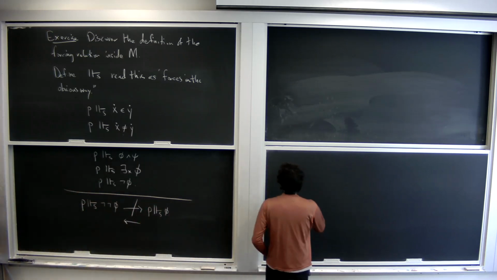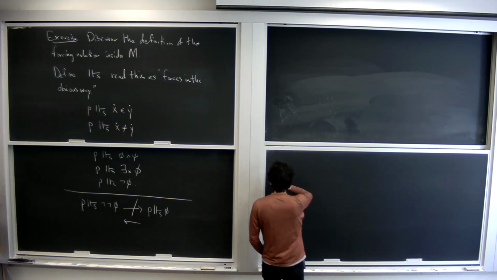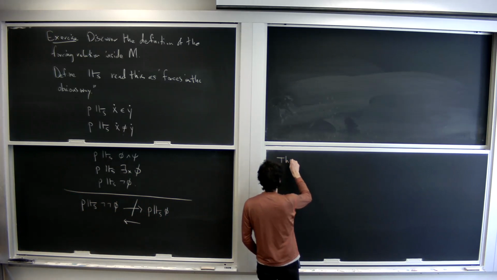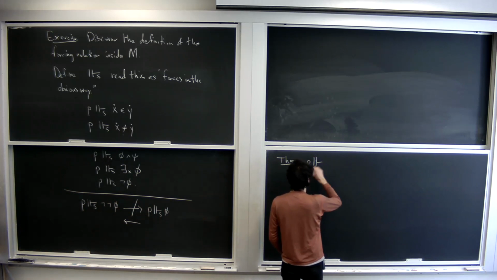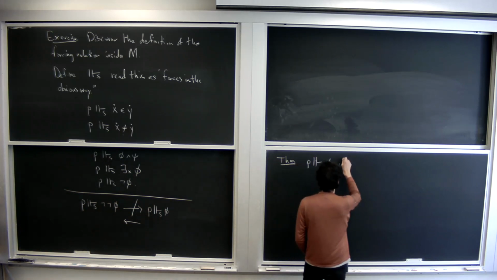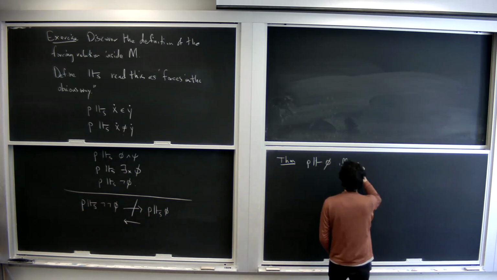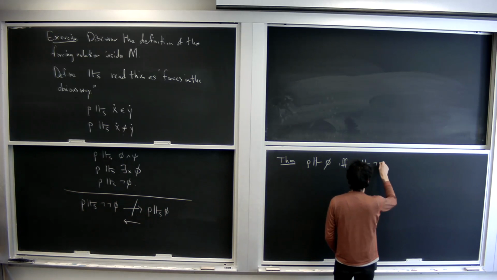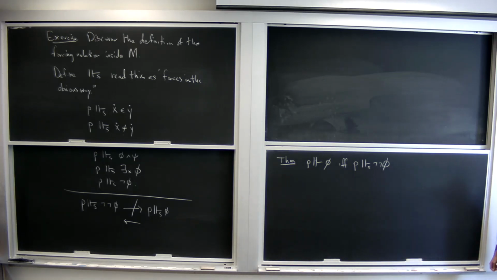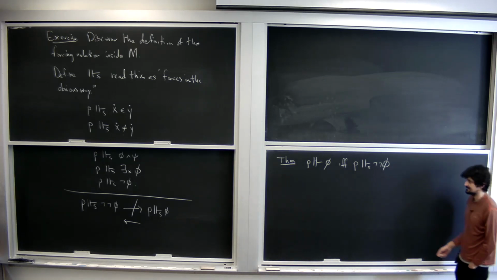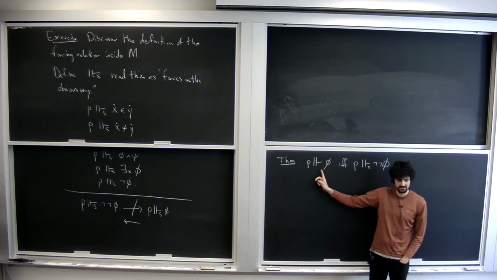Right? And then the theorem you need to prove is that P forces in the regular sense phi, if and only if P forces in the strong sense the double negation of phi. Okay, so this forcing relation definitely is going to satisfy this double negation.